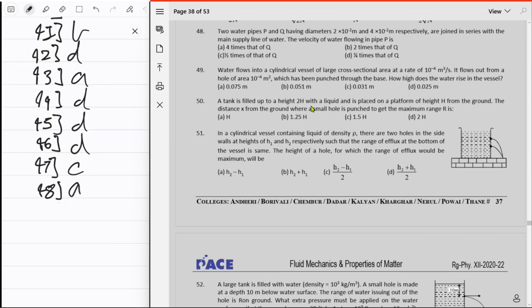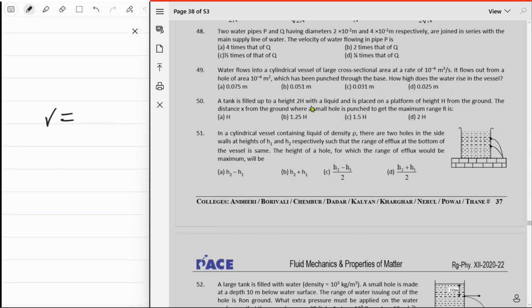That was easy actually. 49. Water flows in a cylindrical vessel of large cross-section area at a rate of 10 power negative 4 meter cube per second. Okay, so they gave us the initial flow, which is 10 power negative 4. If it flows out from a hole of area 10 power negative 4 meter square, which has been punched through the base, how high does the water rise in the vessel?